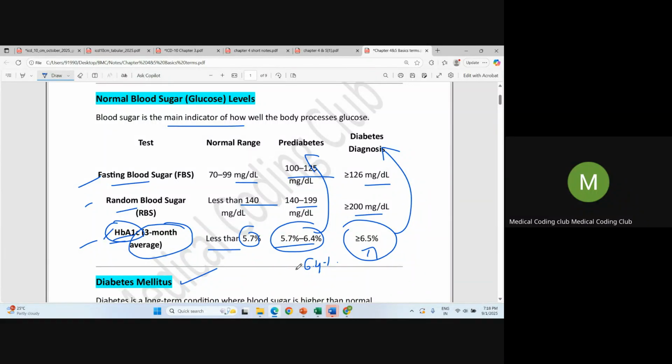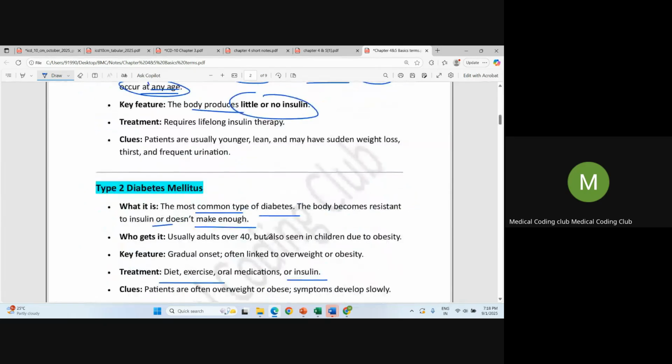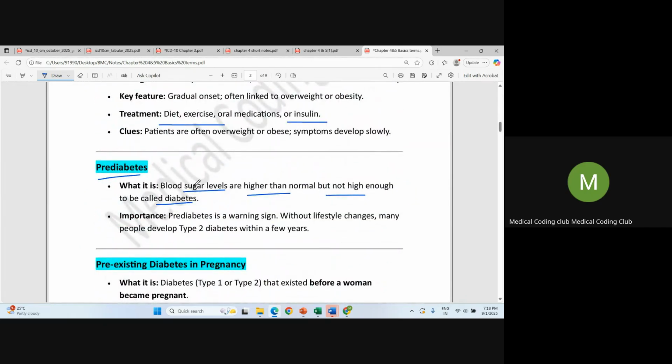Okay, so in this range, we find it as a pre-diabetic condition. So pre-diabetes is a warning sign. Without lifestyle changes, many people develop type 2 diabetes within a few years.